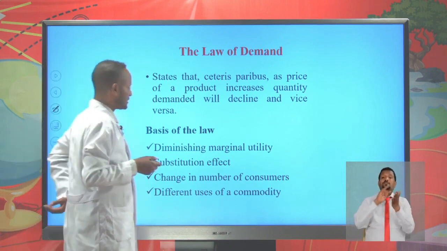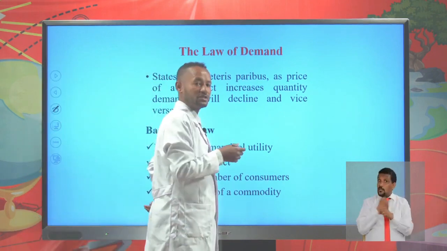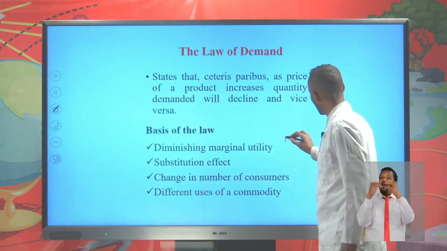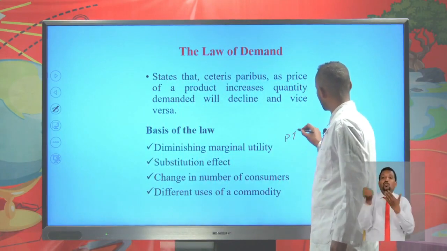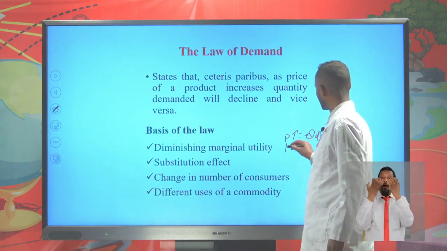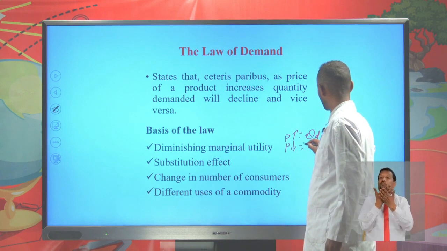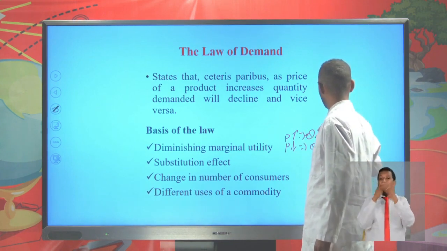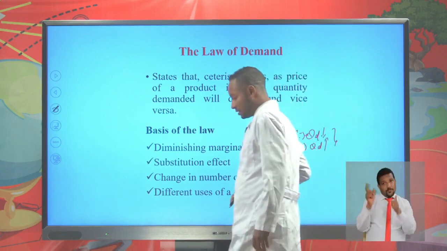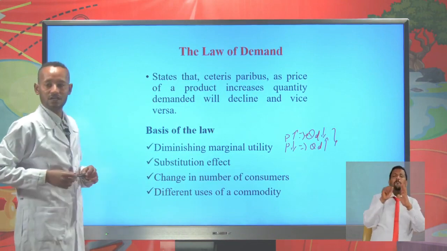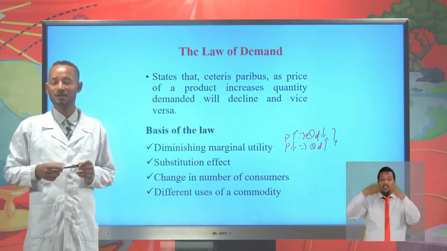That means these factors make an inverse relationship between price and quantity demanded. As the price of a commodity increases, the quantity demanded for the commodity will decline, and as the price of a commodity declines, the quantity demanded for the commodity will increase. First of all, the law of diminishing marginal utility is a cause for the inverse relationship between price and quantity demanded.